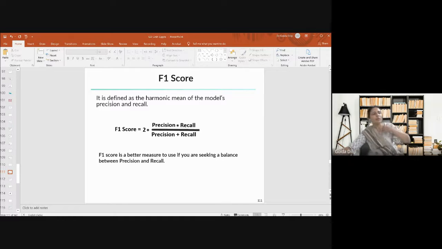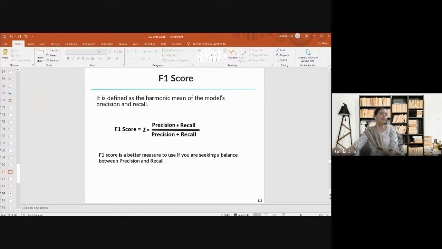We make use of the harmonic mean because it is not sensitive to extremely large values, unlike simple averages. If we have a model with a precision of 1 and a recall of 0, the simple average is 0.5, but the F1 score will be 0.